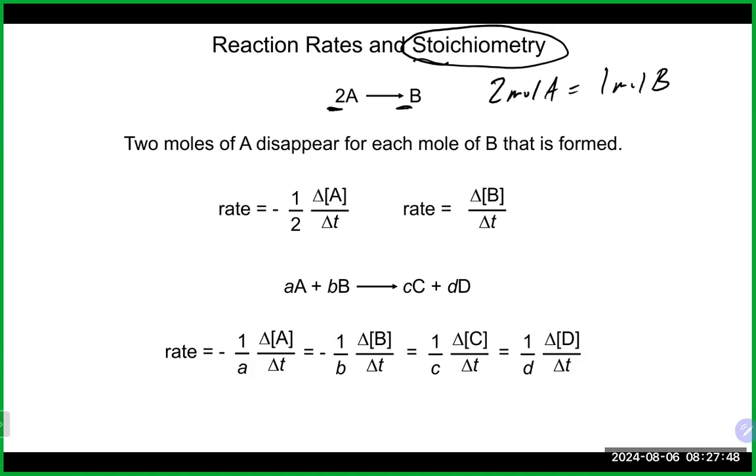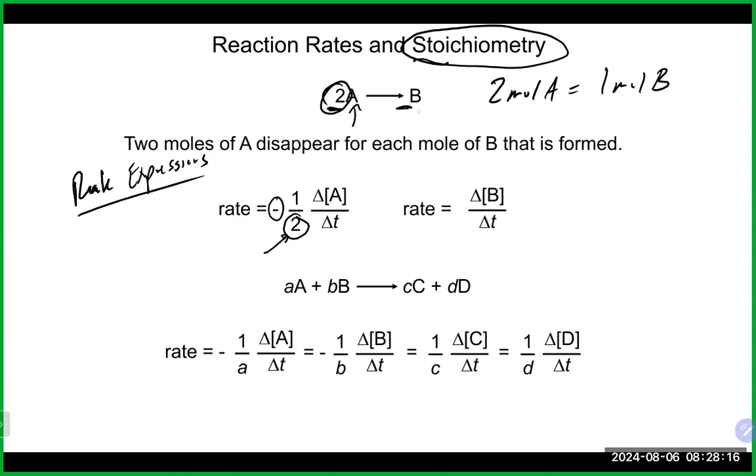So when we would write our rate expressions for this reaction, we would take our rate is equal to negative, because again, A is a reactant. We actually will take 1 over the coefficient. So that is where the 2 comes from. It is the coefficient. And we basically take 1 over the coefficient times the change in concentration of A over the change of time.